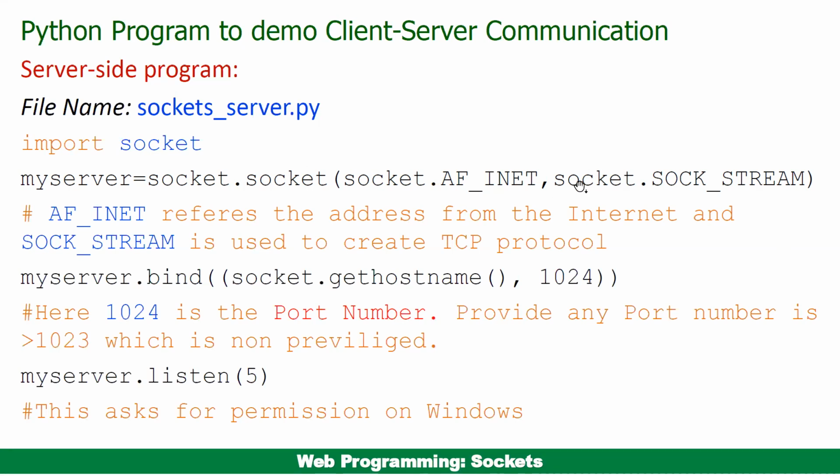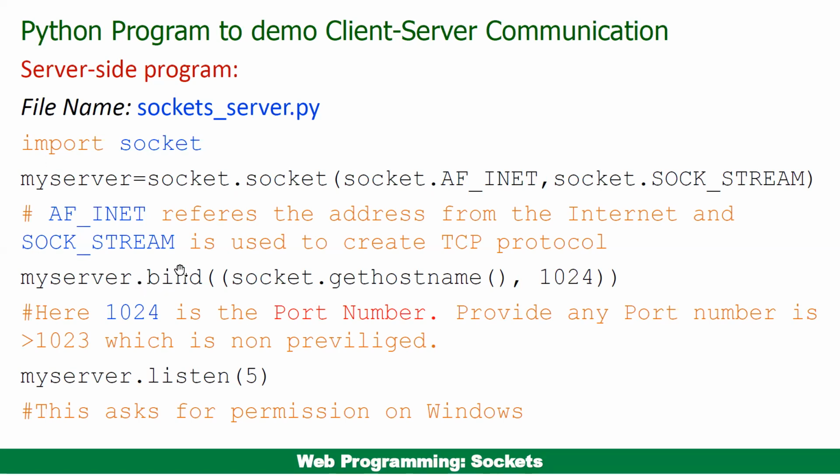For every method, we start with the socket module with the dot operator. socket.AF_INET is the socket family. Then socket.SOCK_STREAM is the socket type. Here we have already seen AF_INET refers to addresses from the internet, and SOCK_STREAM is used to create the TCP protocol.